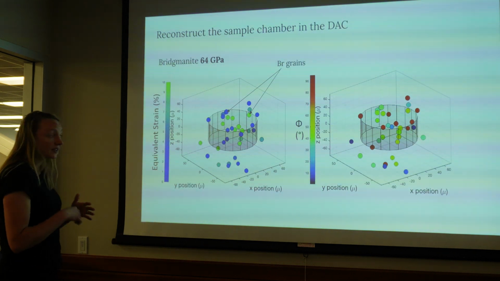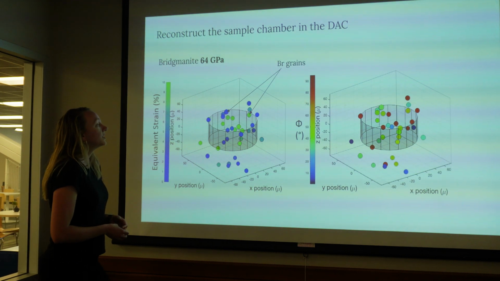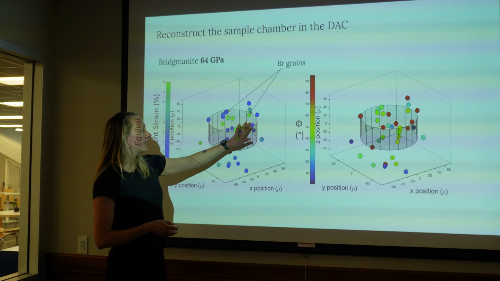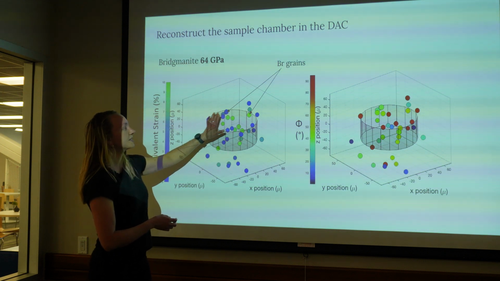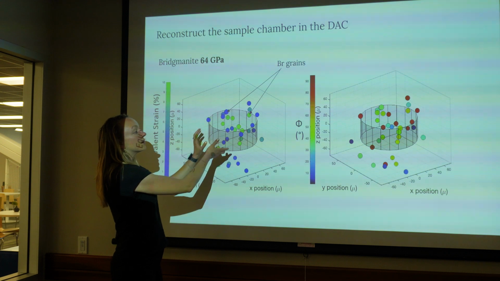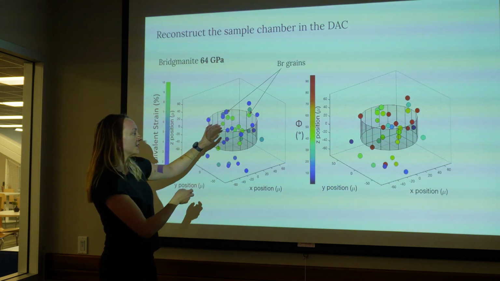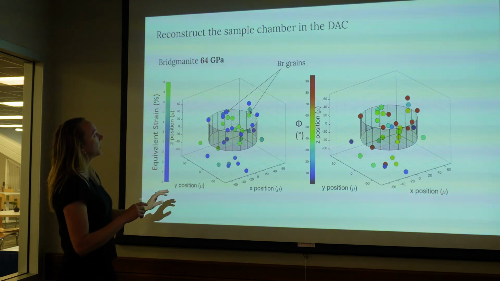Basically, what I'm doing is I'm reconstructing what's inside that diamond anvil cell. What you can see here is a representation of that sample chamber where the mineral exists inside the diamond anvil cell. Each one of these spots represents a grain.